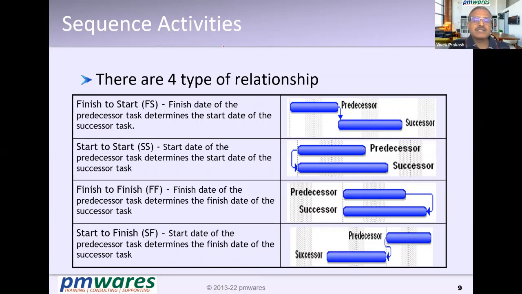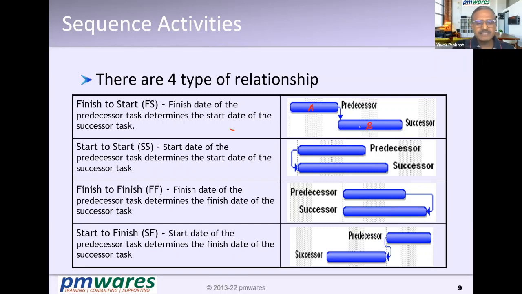What is finish to start? Predecessor finishes, successor will start. So if it is A and it is B, B will start when A finishes.